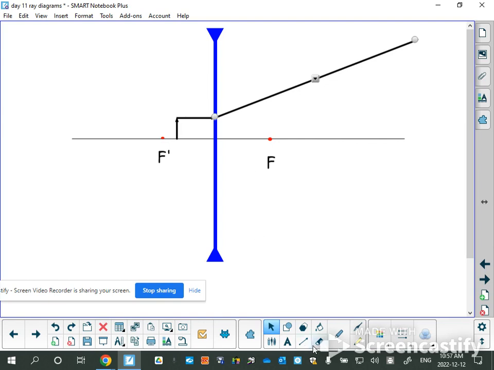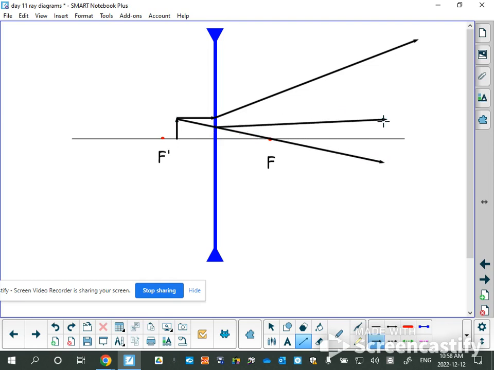So it goes up. I'm going to draw my second one in, aim it at my focal point, but when I hit the lens, it will go straight. Remember, you don't need to draw this bottom part. It's just for lining it up.